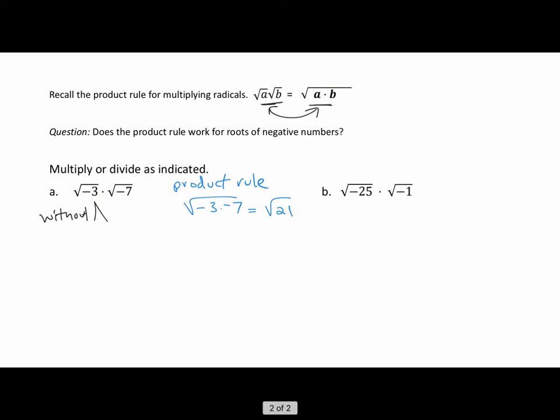Okay, so the square root of -3 is the square root of -1 times the square root of 3. And the square root of -7 is the square root of -1 times the square root of 7. Because I know that the square root of -1 is i. And the square root of 3 and the square root of 7, they don't simplify.